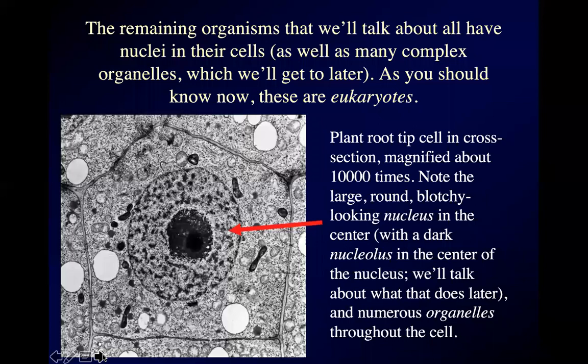There's a round, kind of blotchy looking thing in the middle of it. That's the nucleus. In the center of the nucleus, the really dark, grainy thing is called the nucleolus, and we will talk later about what that does. We don't need to get into it right now.